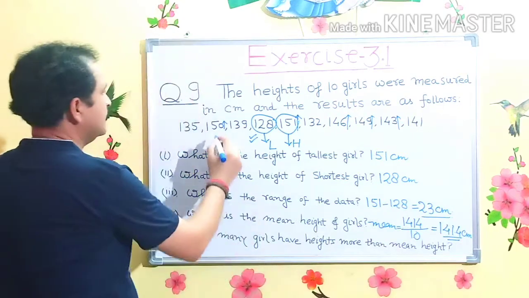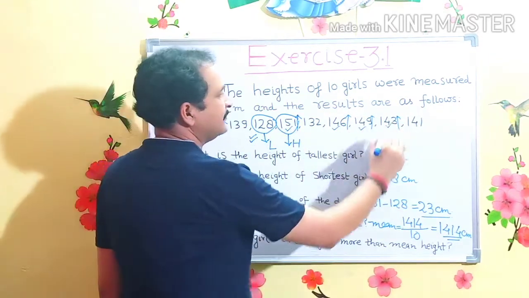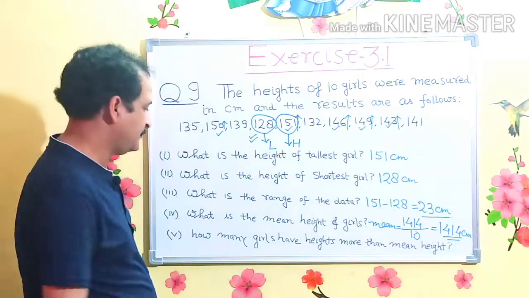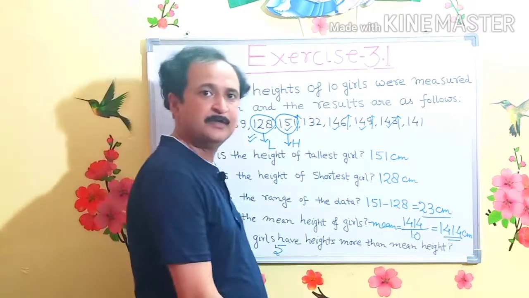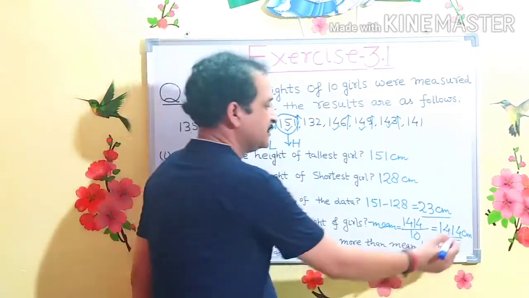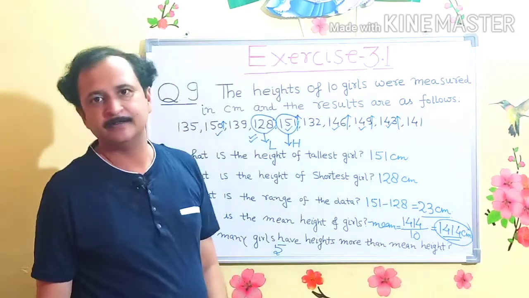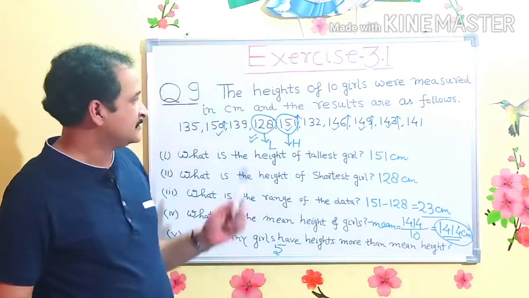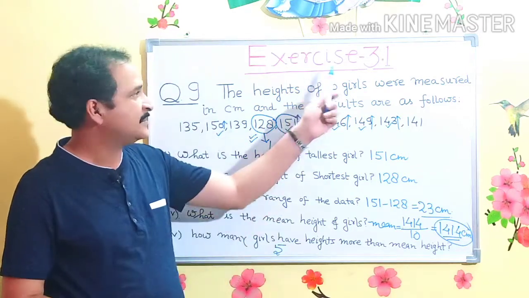It means 1 2 3 4 5. There are 5 girls which have the height greater than mean value of this problem, means greater than 141.4 centimeter. In this video we cover all the 9 questions of this exercise 3.1.